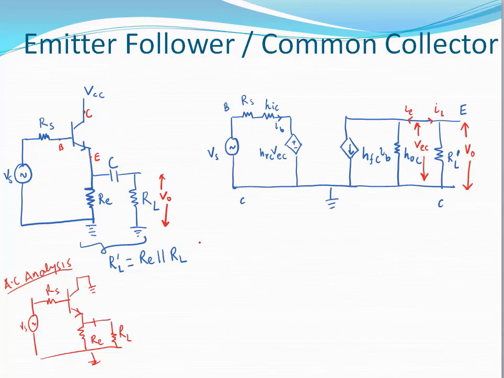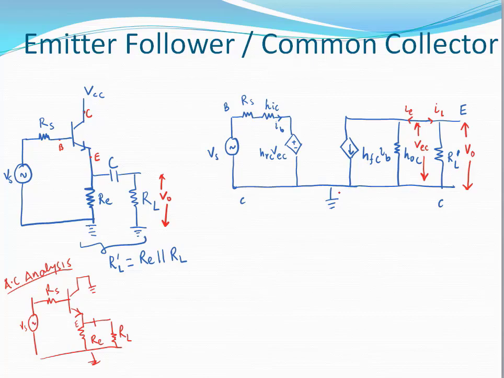This is the input side, and on the output side you will have a current source, HFC, current controlled current source, and then HOC will come in parallel with the current source, and this is the emitter terminal, and this is grounded. Then this RE and RL will be in parallel, and this parallel combination will come between emitter and ground.